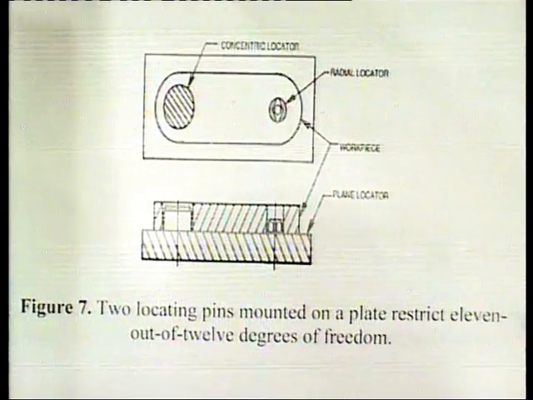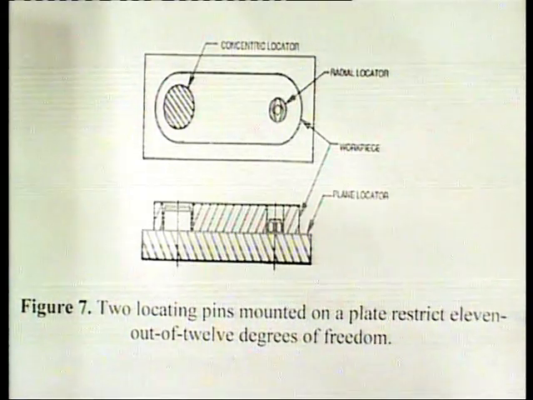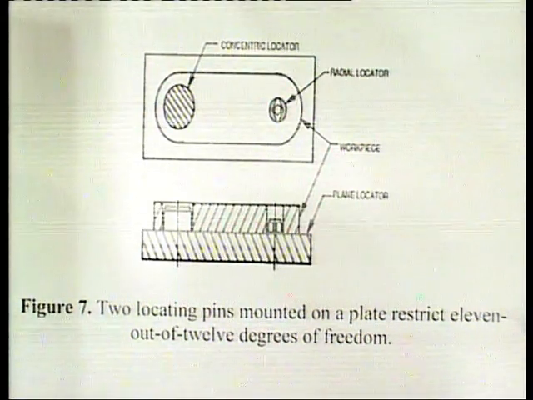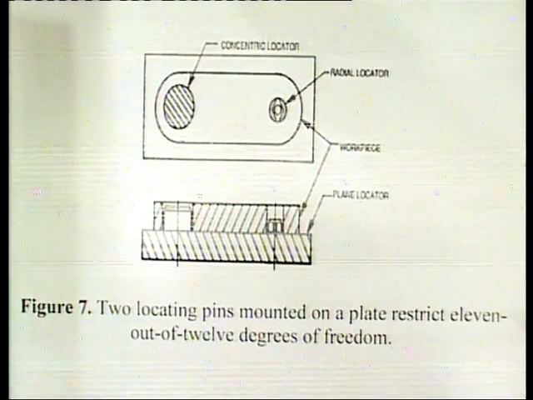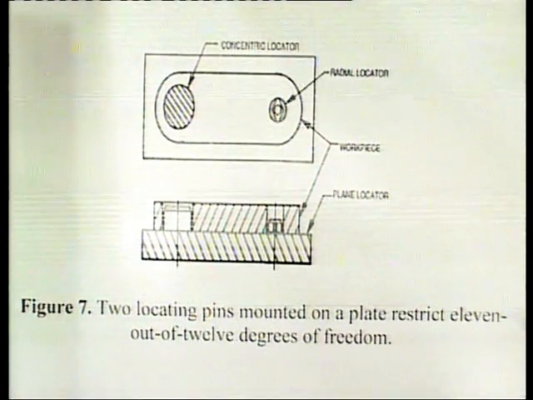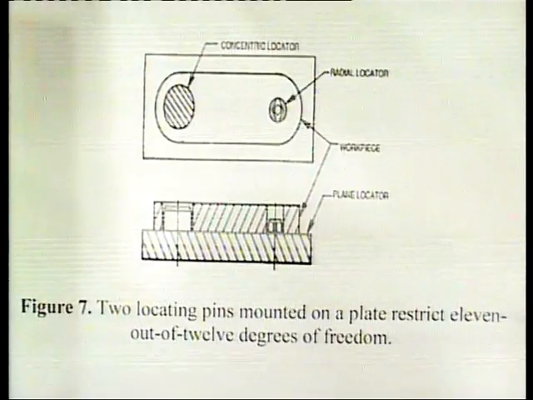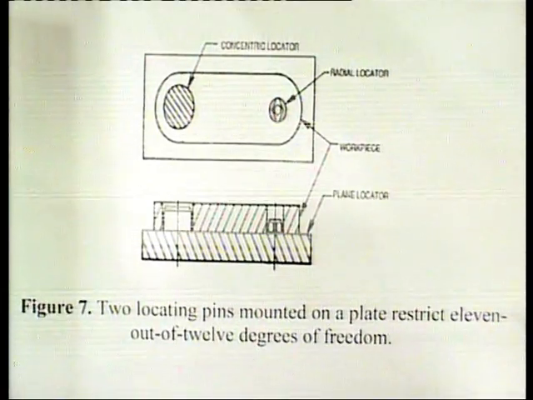As shown in this figure, the plate under the workpiece restricts 1 degree of freedom. It prevents any axial movement downward along the minus z axis.